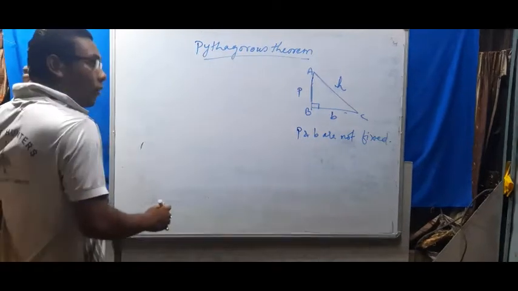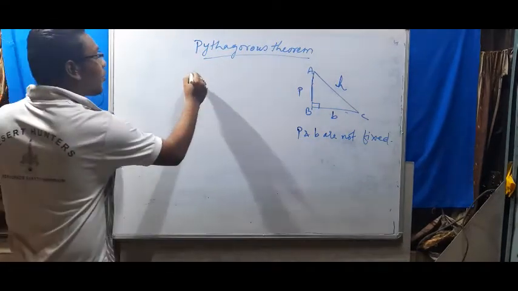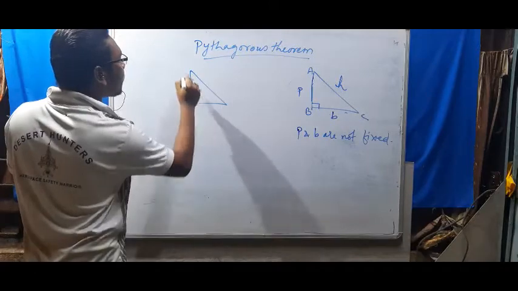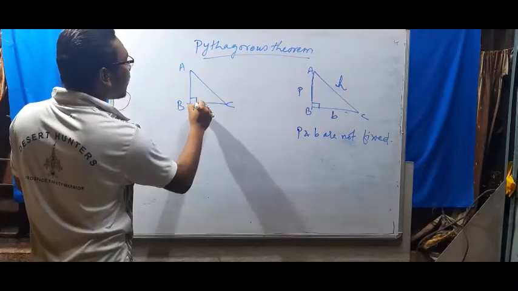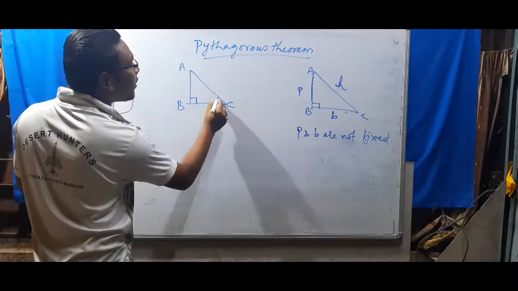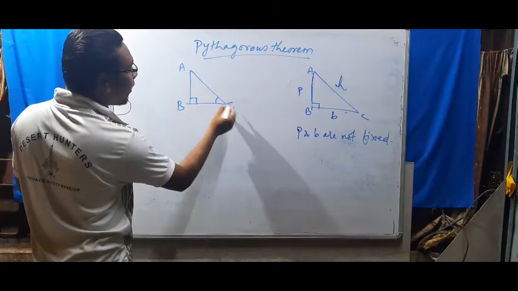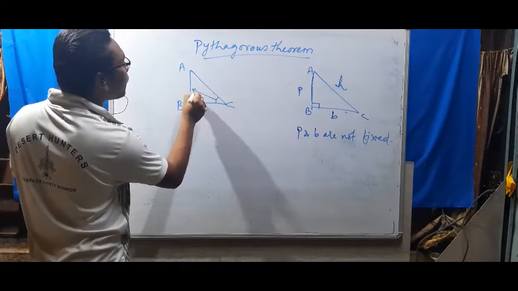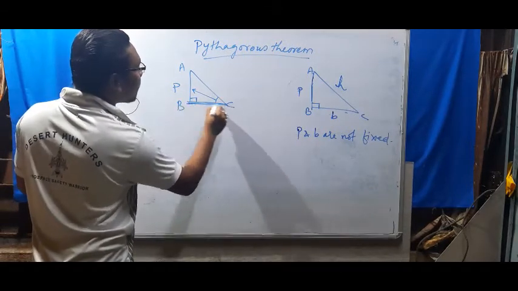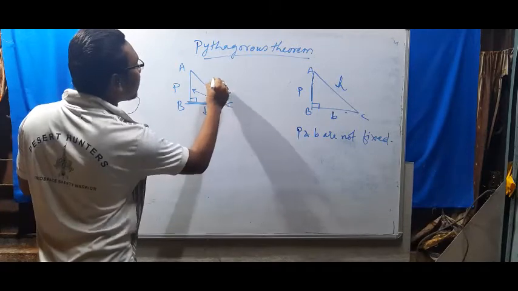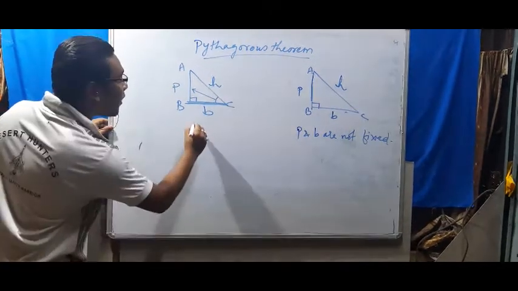Okay, now coming to trigonometric ratio. ABC, right angle at B. If we take angle C, then the opposite face will become perpendicular and the down side will become base and AC will remain the hypotenuse.